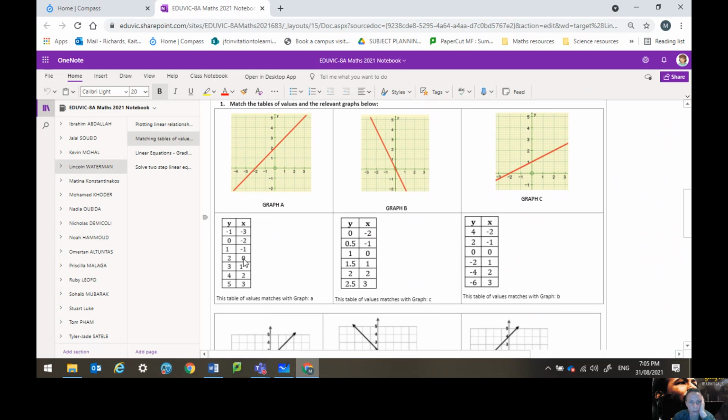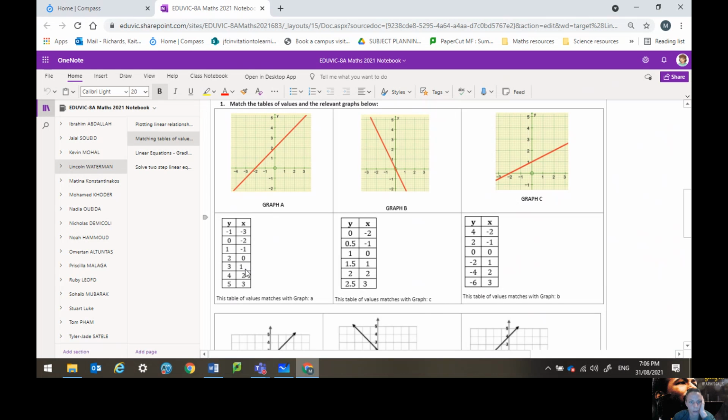So in this first one, see where x is 0 here, y is 2. So look at this graph, when x is 0 here, y is 2. And I know that because the line is sitting on that coordinate point.